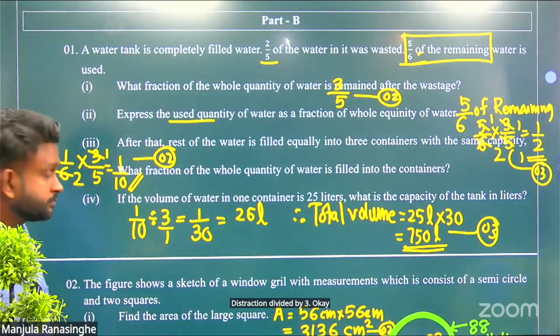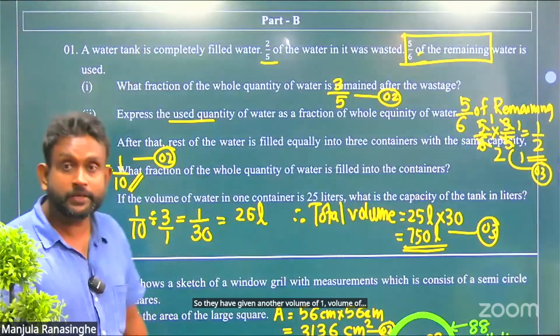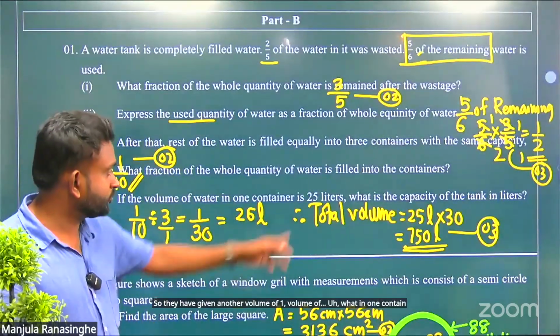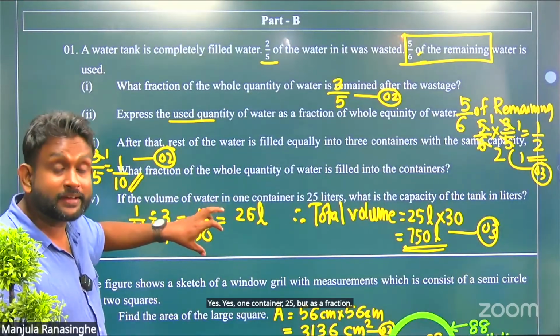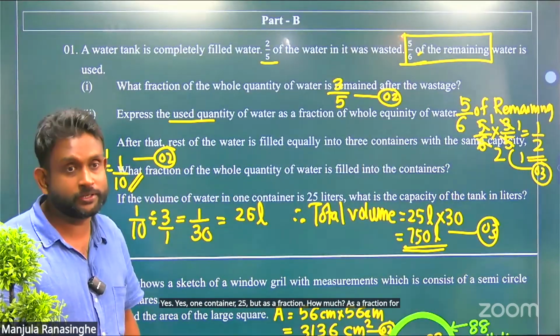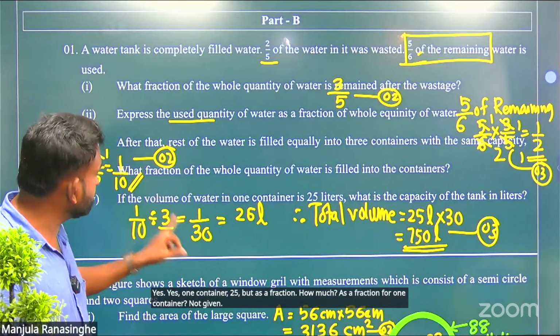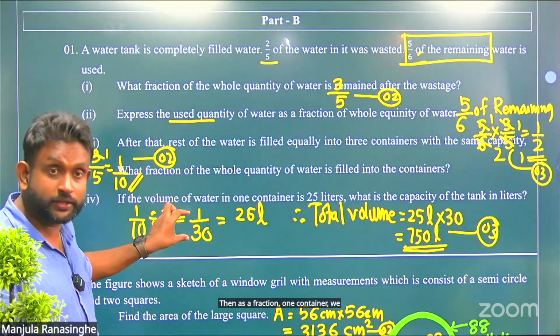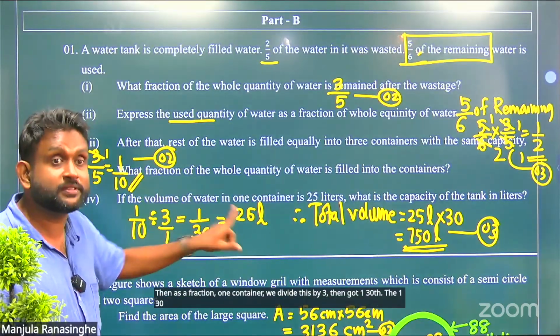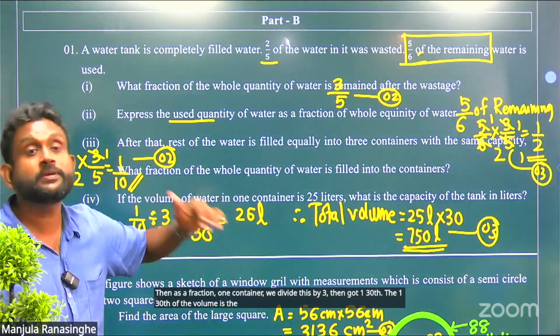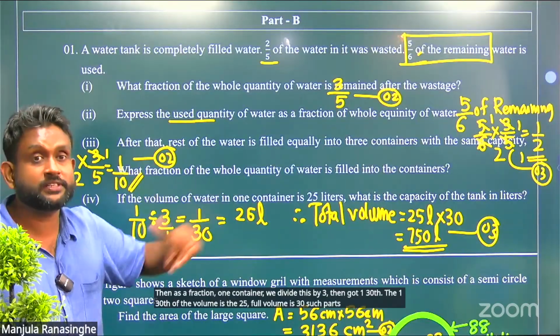They have given the volume of water in one container, 25, but as a fraction, how much? As a fraction for one container, not given. Then as a fraction, one container, we divide this by 3, then got 1/30th. The 1/30th of the volume is the 25, so full volume is 30 such parts.